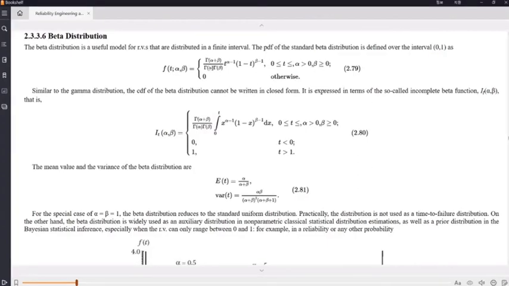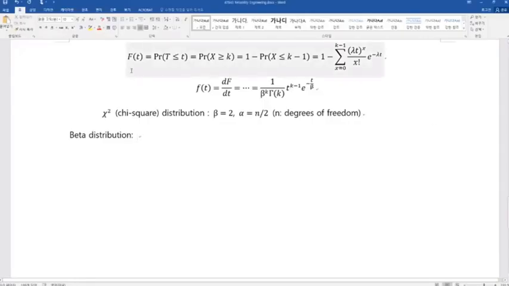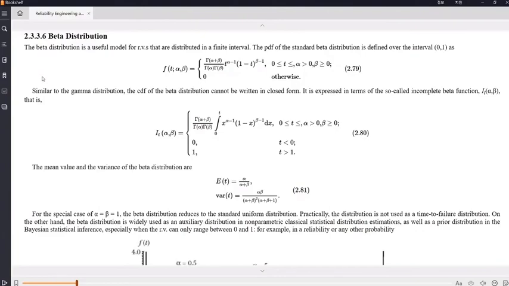And I already explained what gamma functions are. So in fact, this beta distribution is widely used. So maybe the PDF cannot be given in a closed form.